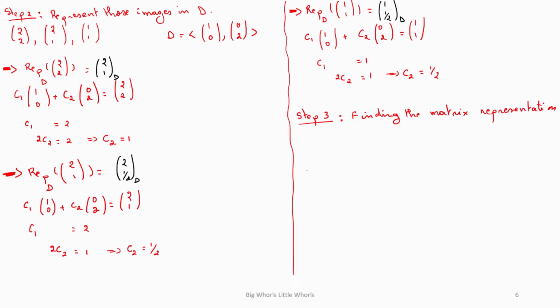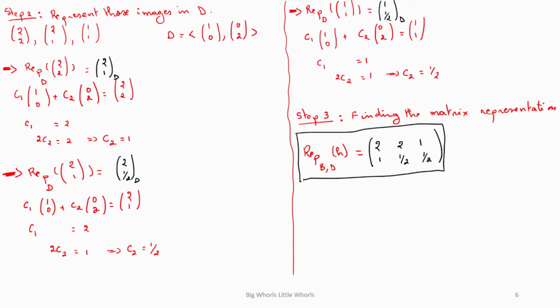So the representation with respect to B, D of the map H is going to be what? The first representation is (2, 1). Then we write the second representation, (2, 1/2), and the third representation, which is (1, 1/2). So this is our matrix that represents our linear map.